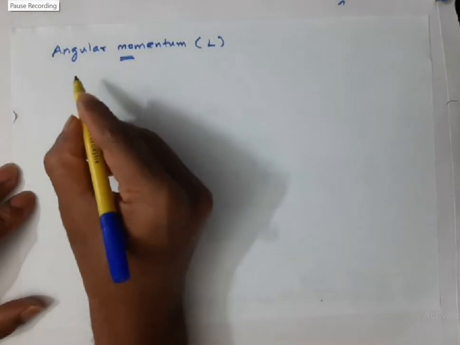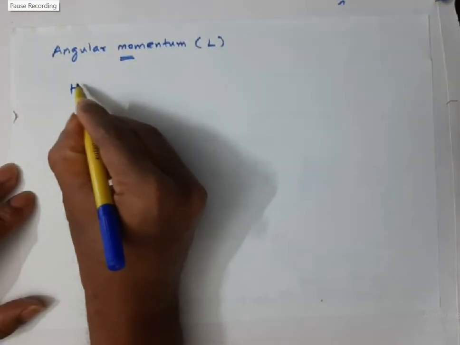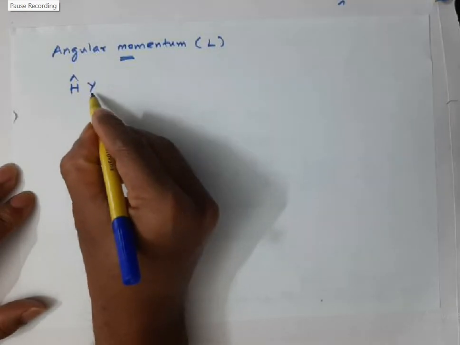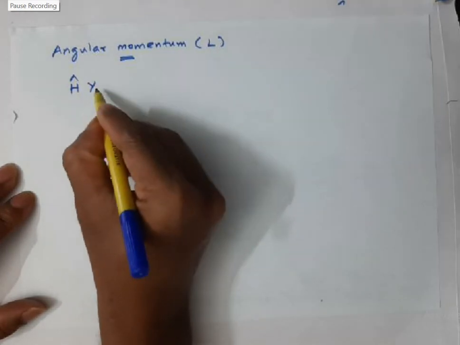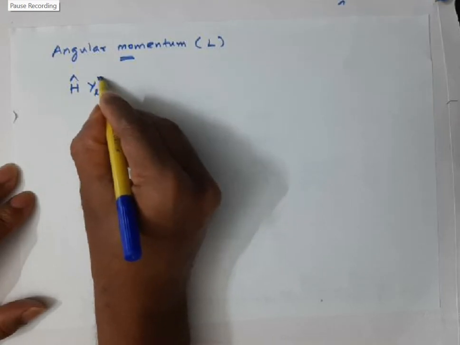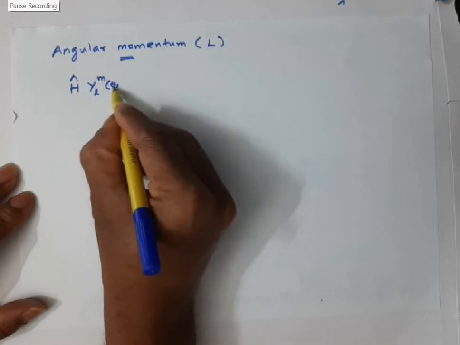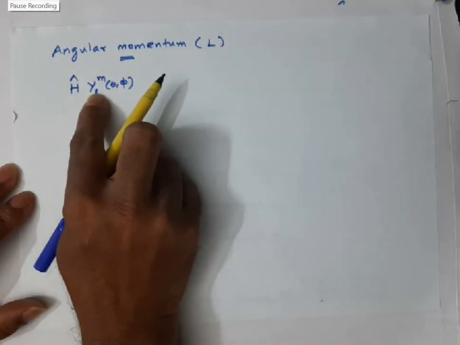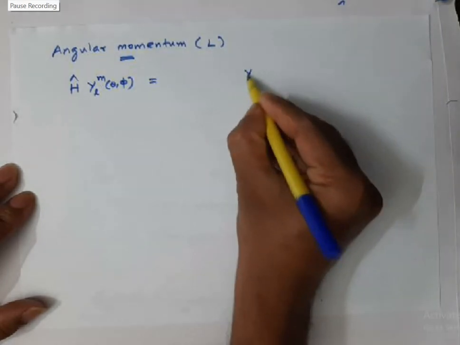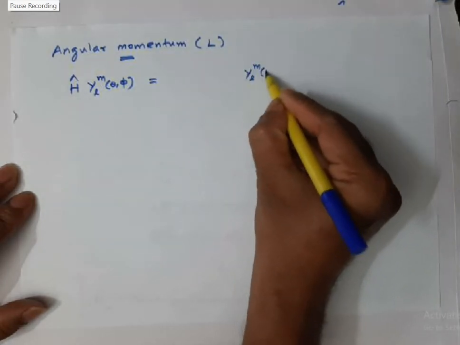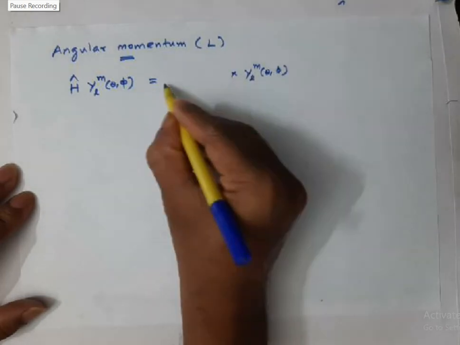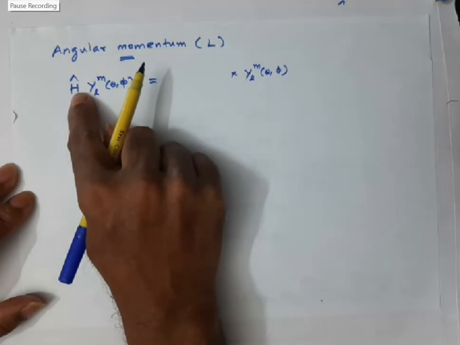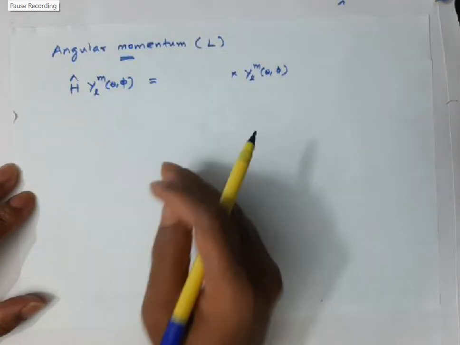In the last lecture I showed that when the Hamiltonian operator acts on the spherical harmonic function Y, which depends on the quantum numbers L and m and varies with the variables theta and phi, you will get the same function Y multiplied by some constant called the eigenvalue. Here the eigenvalue of the Hamiltonian operator is nothing but energy.